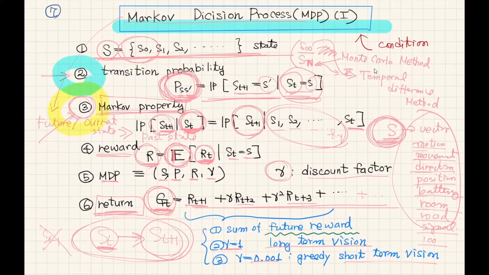Now, reward is an immediate gain. When you are moving from S to S dash, there will be a return, winning probability or some money or something like that.